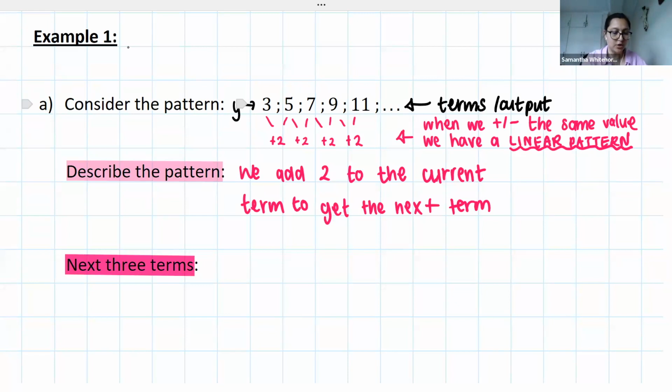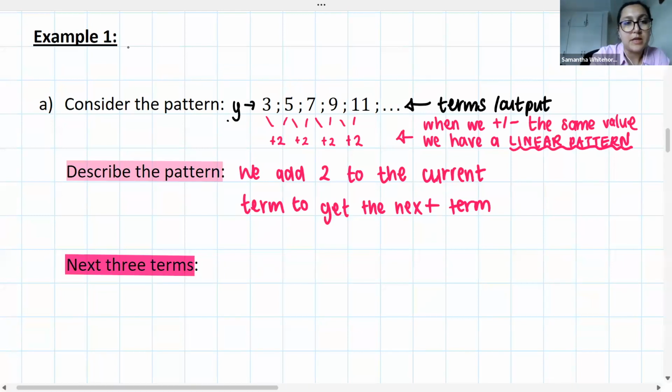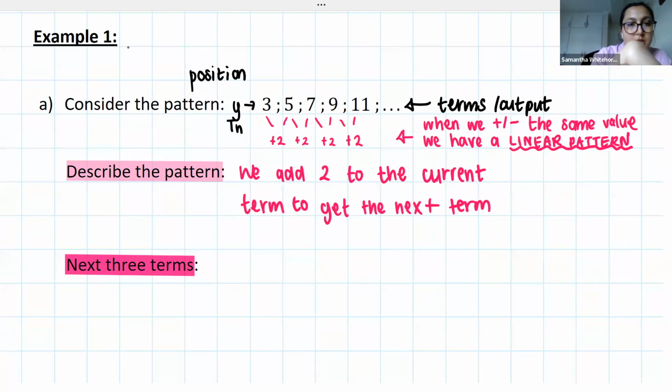Okay, so the terms are your y values, or if you're using n and tn, sorry, I have to plug in my laptop, this would be your tn value. That therefore means that your x value is the position of your term.